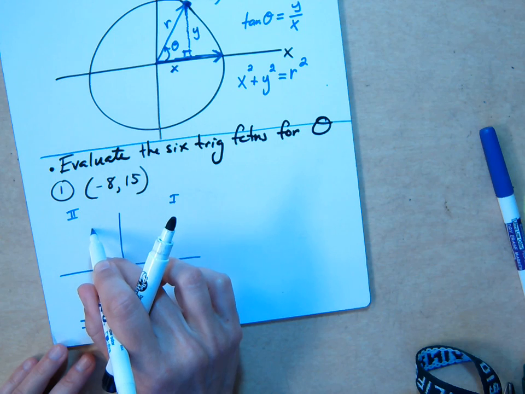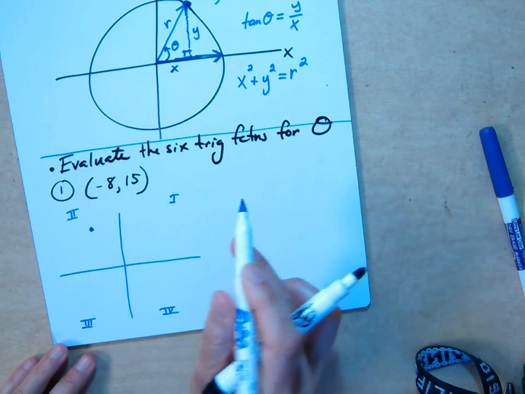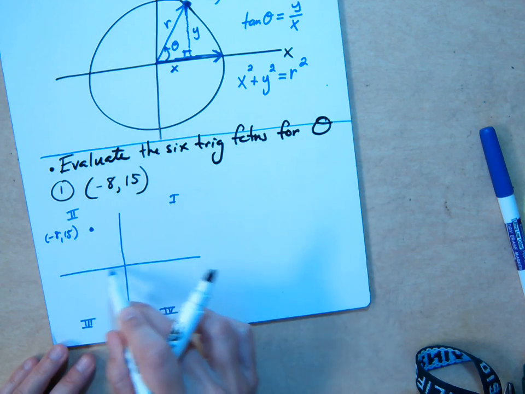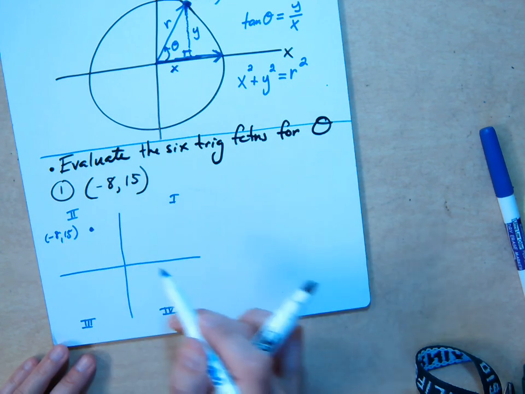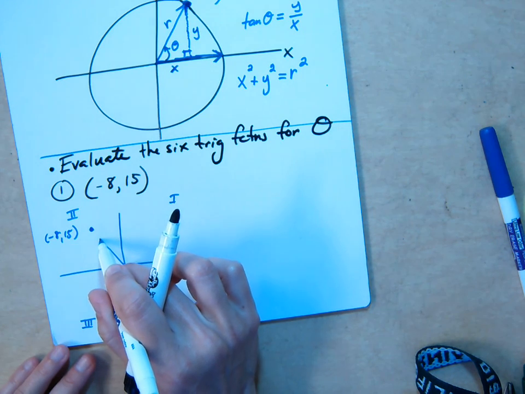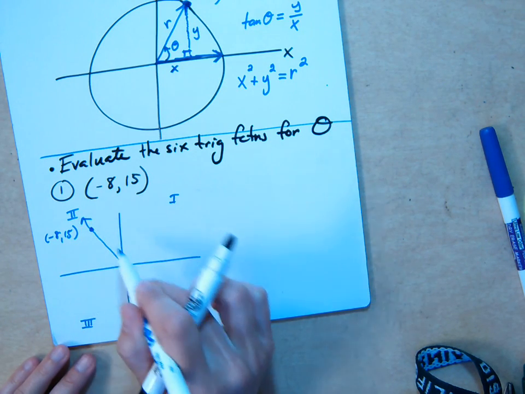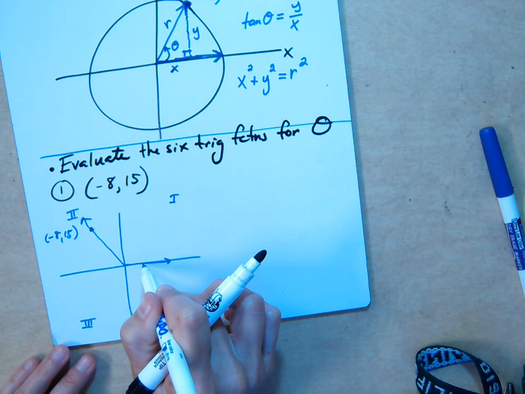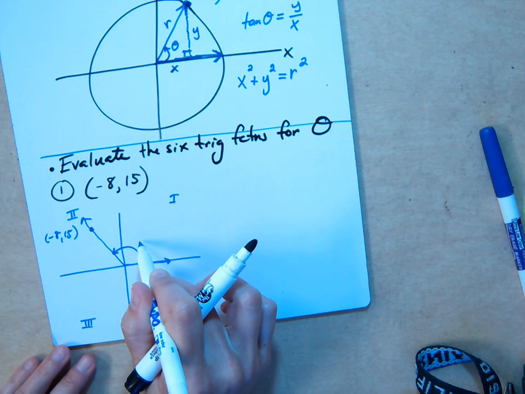You just put a point there, and that's the point -8, 15. You would go to the left 8 and up 15. But we need to make this rotation, so you draw the angle that goes through it. We rotate from here to here. There's theta.